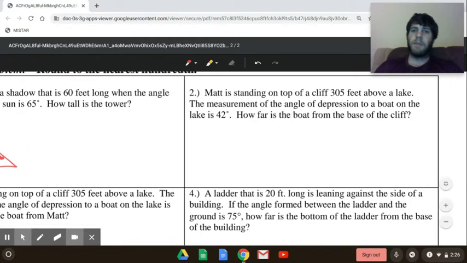Okay, Matt is standing on top of a cliff that is 305 feet above a lake. So here is a cliff, and there's Matt up there, on the cliff that is 305 feet above a lake. So here's the lake, and there's a boat in the lake.